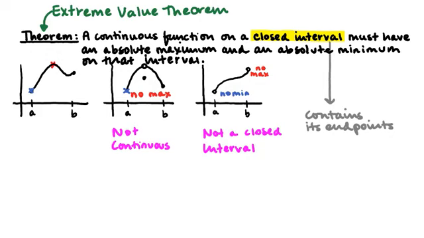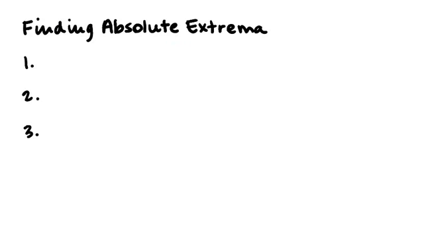Let's talk about how to actually find these maxima and minima. All right, so the steps we're going to take, we'll call this the candidates test, also sometimes known as the closed interval test. We're going to start by evaluating the function at the endpoints.